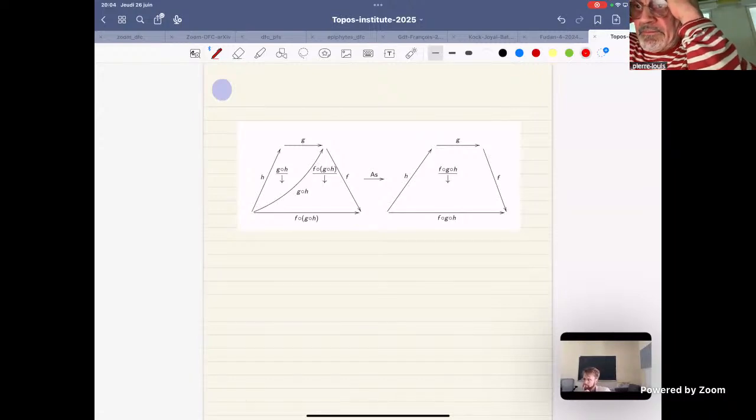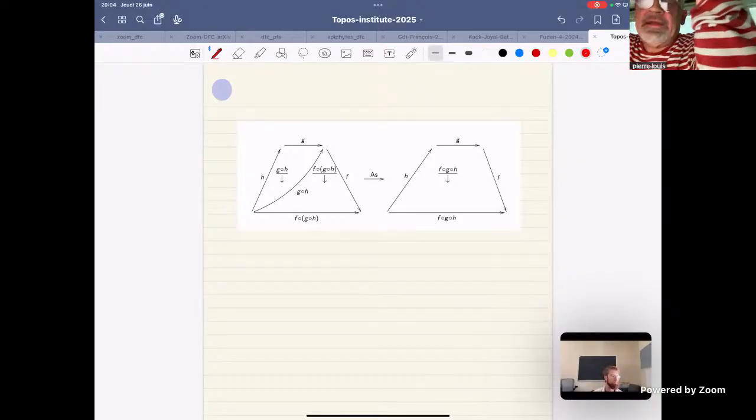I can be clever enough, that's the word unbiased in the title, to compose them in one shot. That is what is written on the right: f composed with g with h in just one step.